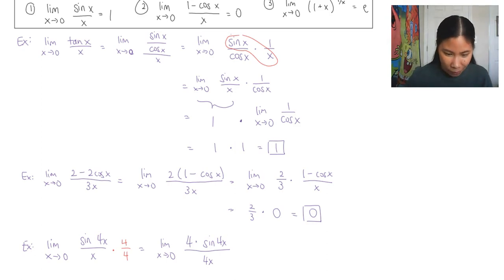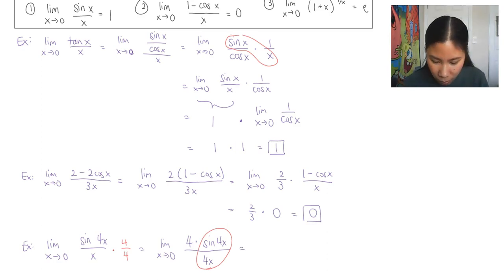Now I have sine of 4x over 4x here, and that limit will just equal 1. But then I still have that 4 in front. Because I'm just multiplying by a constant of 4, it'll be 4 times 1, because 1 is the limit for sine 4x over 4x. So my final answer is just 4.